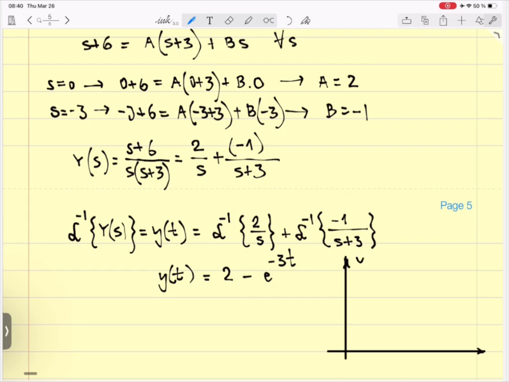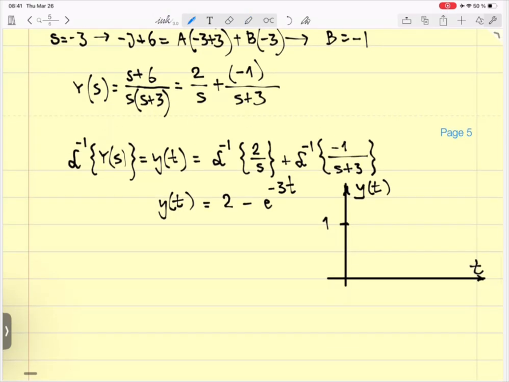When this is I of t, this is t. When t is 0, the equation is 1, because when t is 0, this becomes 1, so 2 minus 1 is 1. And when t is infinite, then the whole thing becomes zero.